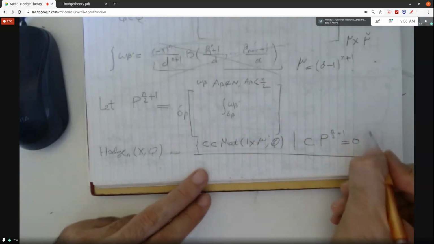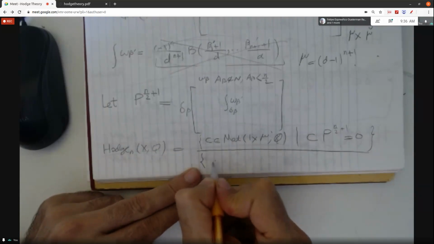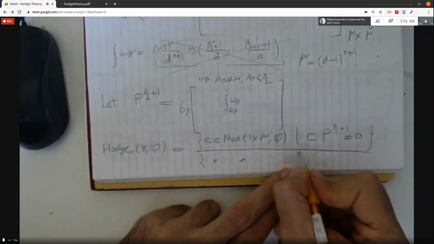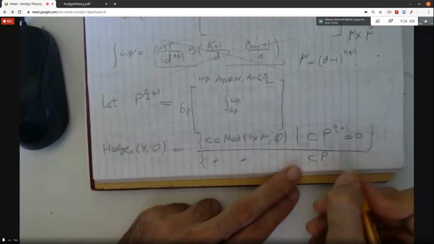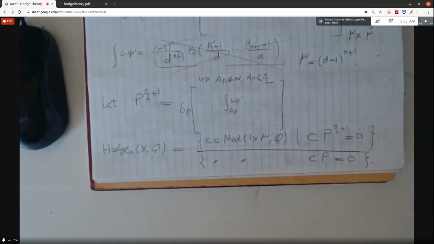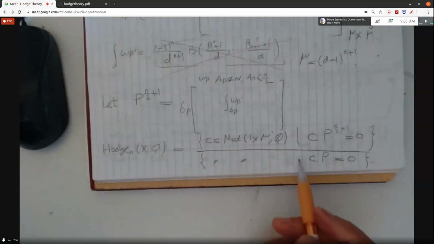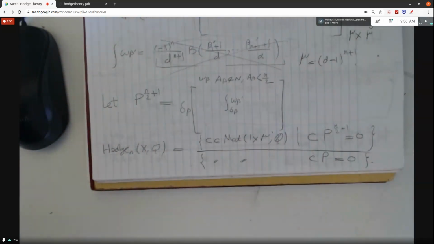This is in the kernel of this matrix, modulo the same C, such that C times this P equals 0. And this is now the translation of our Hodge cycles to a more computational context.